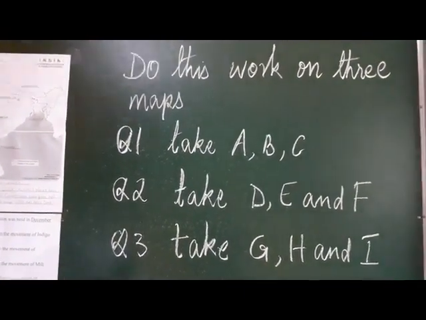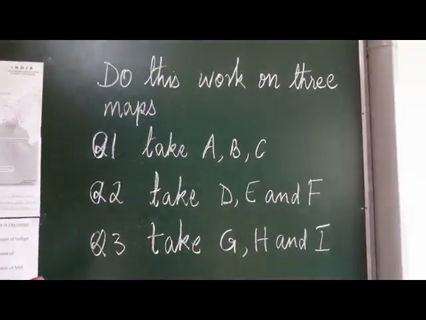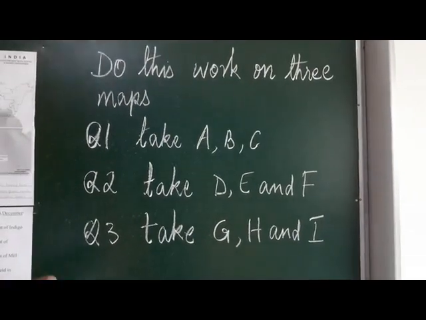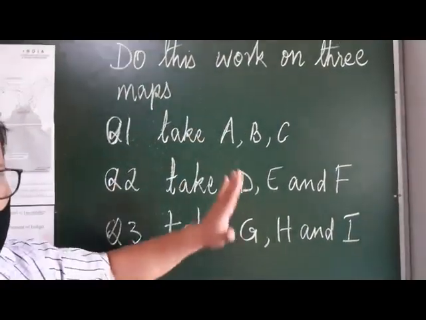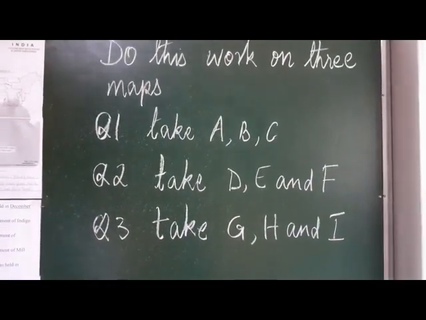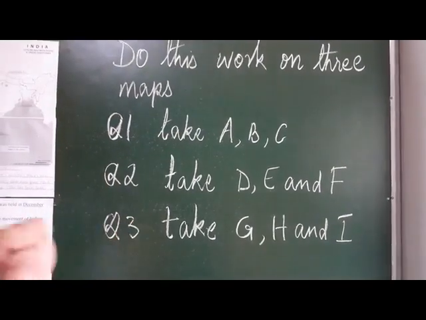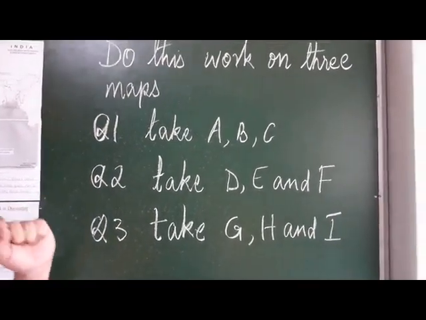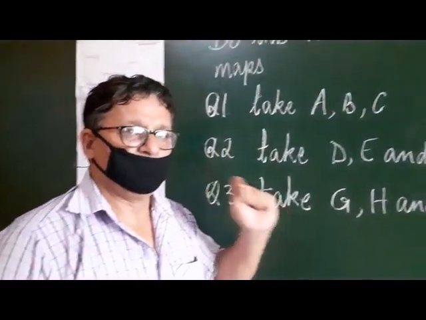I hope you have done your written work. Please complete it. And if you have done your map work, then after the last chapter which you have done, you can stick them in your notebook. No problem. And do it neatly. Don't use any colors. No pen work.